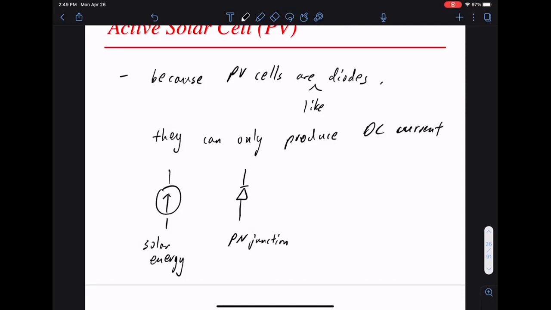Thus we build an equivalent circuit out of these two basic components for a solar cell. How much solar energy you have controls the amount of current you can generate, and how this current flows is defined by the diode, by the way you construct the material. Any questions?